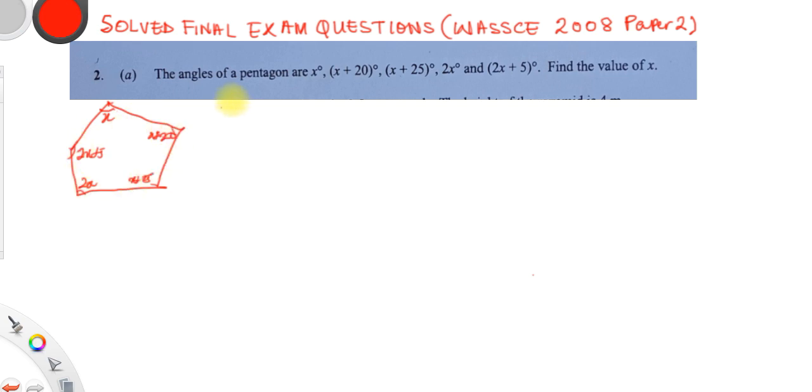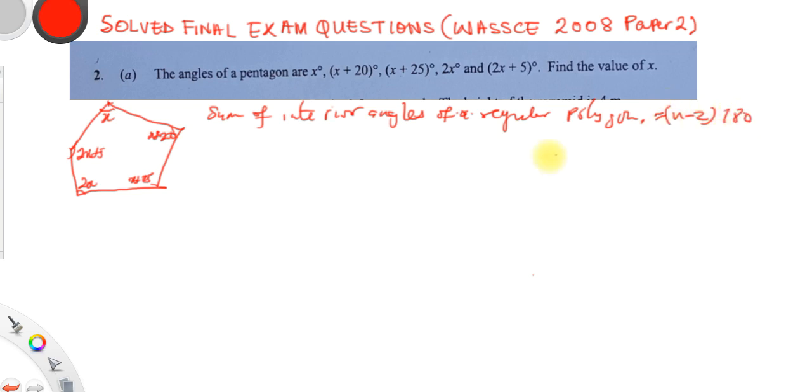So you know that the sum of interior angles of a regular polygon in general is equal to n minus 2 times 180, where n is the number of sides. So this was a pentagon.